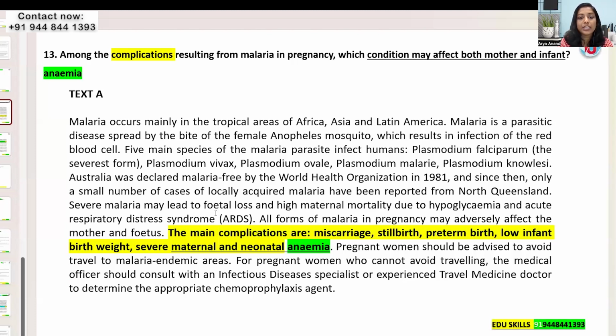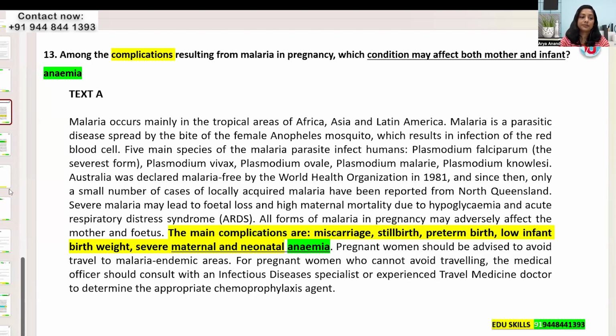Severe malaria may lead to fetal loss, which is for the mother, right? And high maternal mortality. It's not affecting both mother and infant. It's after the delivery, right? Maternal and neonatal anemia. Okay, ma'am, I got it. Thank you, ma'am.